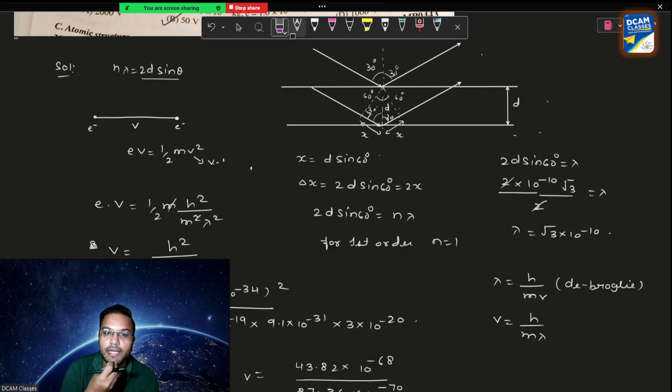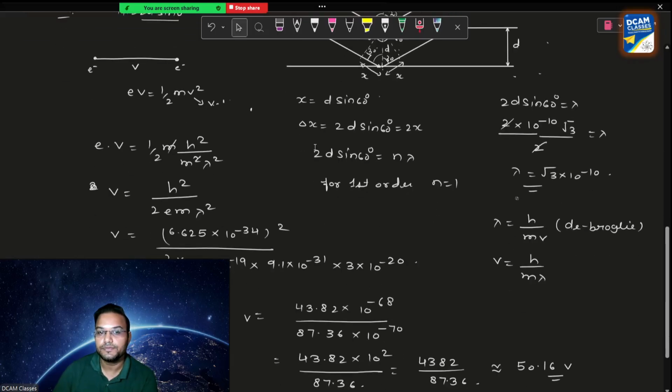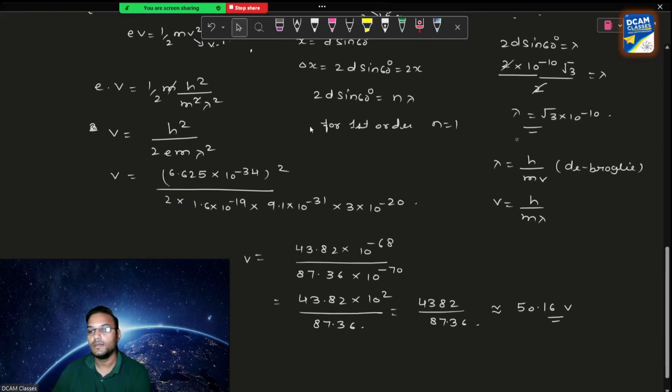So we cannot just apply that photoelectric effect equation, h nu minus work function. We do not know work function. So in that case, we have to change the value of lambda that we have got into the kinetic energy form, and then we'll solve the equation. Okay, this is how we solve this.